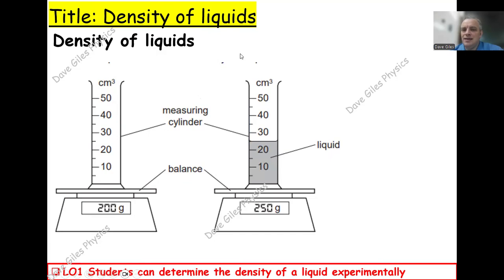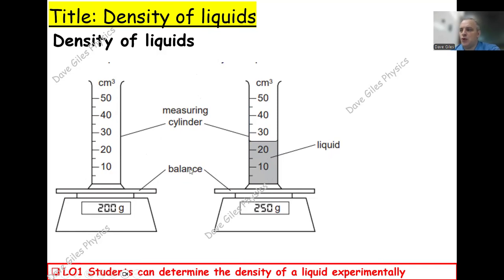If you want to get the density of a liquid, obviously you can't just measure length times width times height. One way of doing it: you would take a measuring cylinder, empty, then fill it with the liquid and weigh the difference.